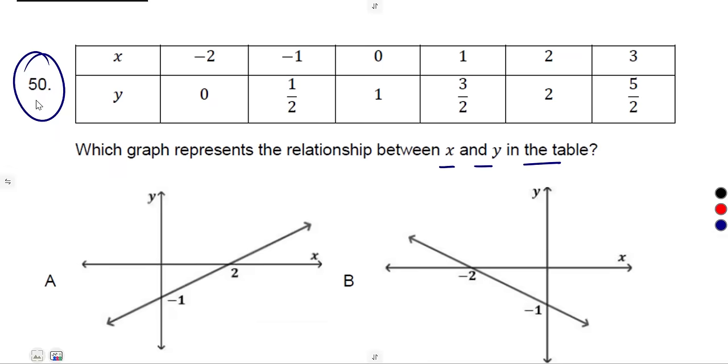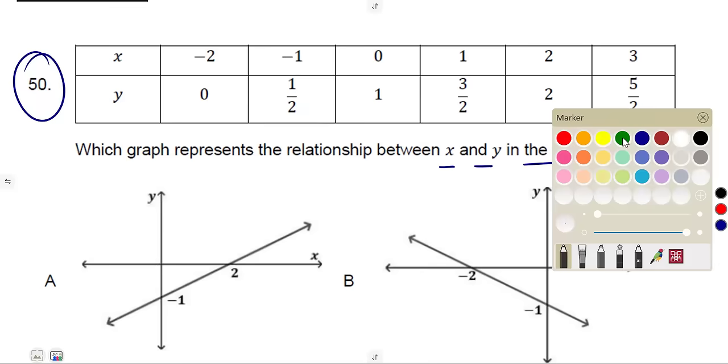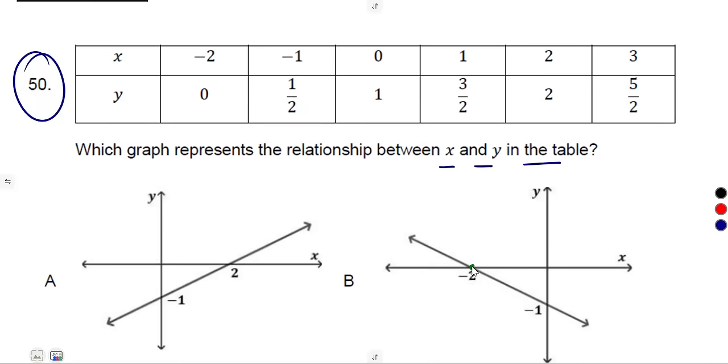We talked about this, guys, and from our understanding, if I have a graph, a linear function, the important points on that graph are the intercepts, which is the x-intercept and the y-intercept.